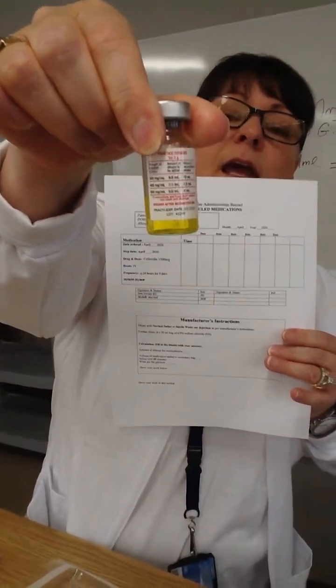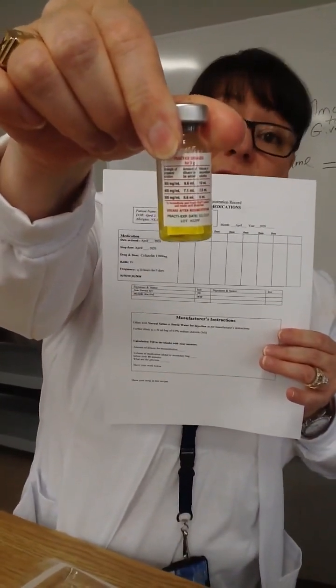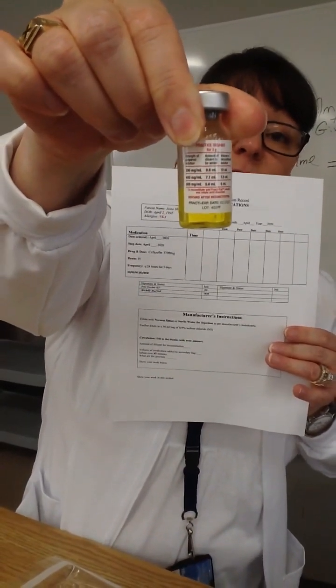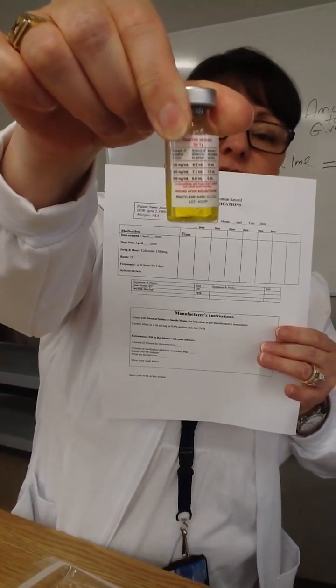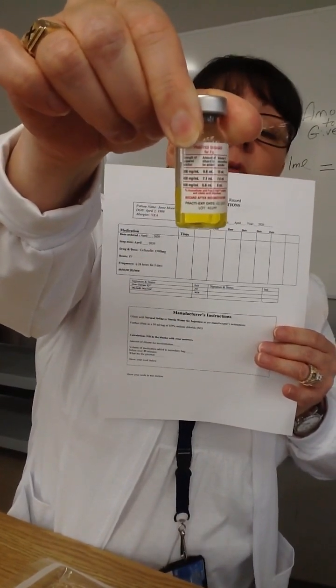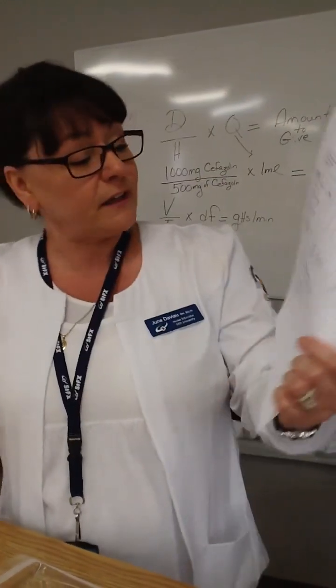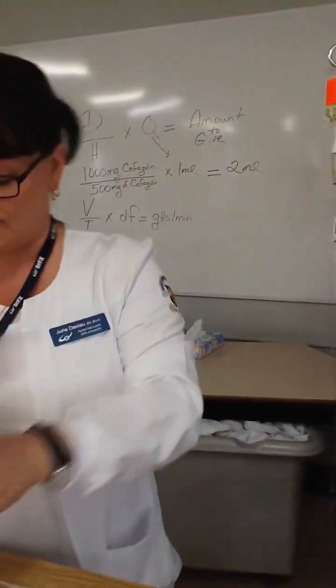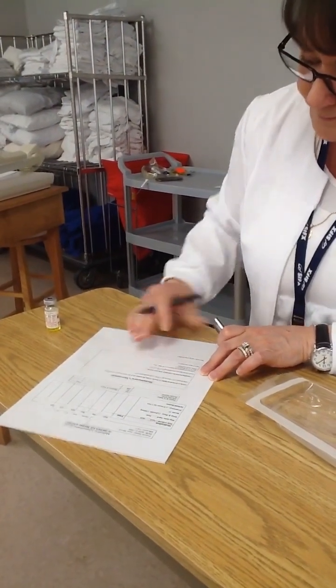And so if we go back to our vial for a second, you see that in order to get our concentration of 500 milligrams per mil, we're going to add 5.5 mils of diluent. So you're going to fill in that little part right there. Amount of diluent for reconstitution is 5.5 mils.